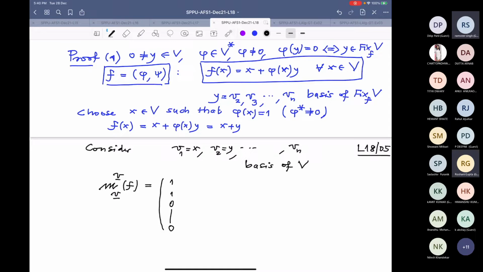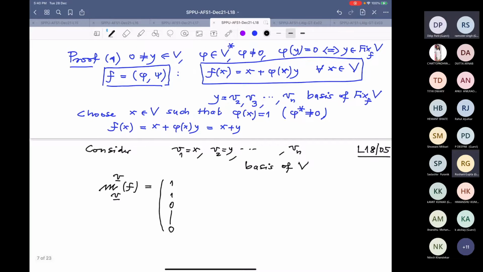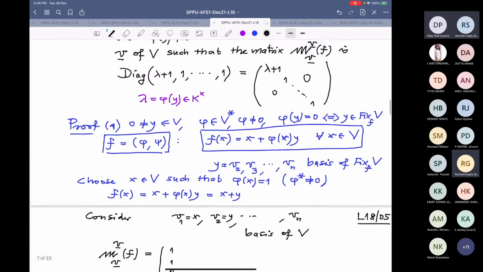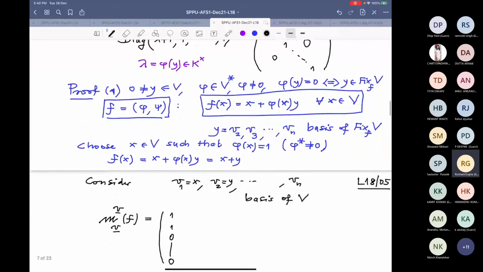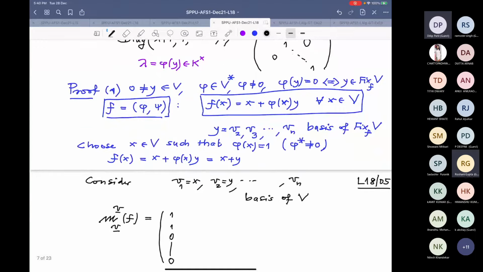The student says f of y is y, because y is fixed. Note here f of y is y. From this equation, specialize x equal to y.